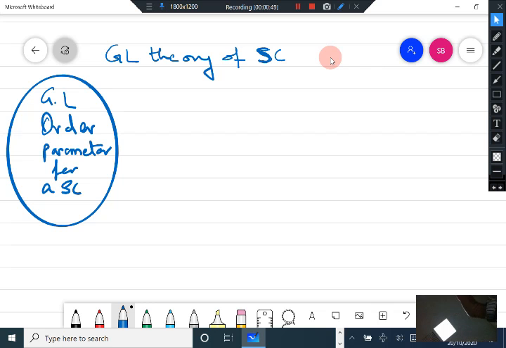What is the Ginzburg-Landau order parameter for the superconductor? Of course, above Tc there is no order parameter, psi is equal to 0. Okay, but below the superconducting transition there is a finite order parameter. Now here Tc represents the superconducting transition.